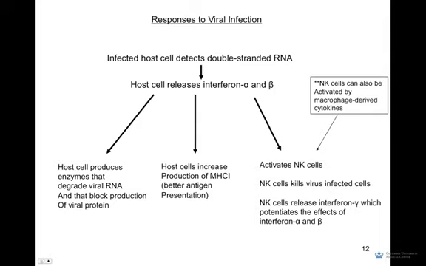Now, this activation of natural killer cells to help eliminate the virus-infected host cells is also aided by the fact that the macrophage-released cytokines in the process of inflammation also activate natural killer cells. So if this virus has already caused enough tissue damage to promote inflammation, these natural killer cells are already on the lookout for a virus-infected host cell.